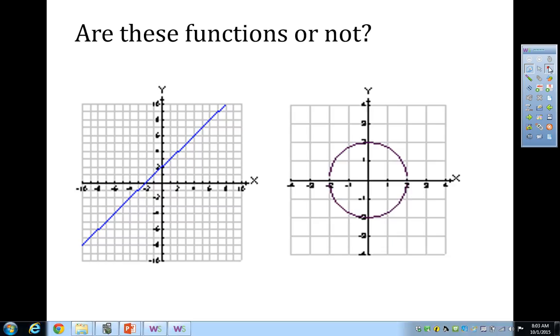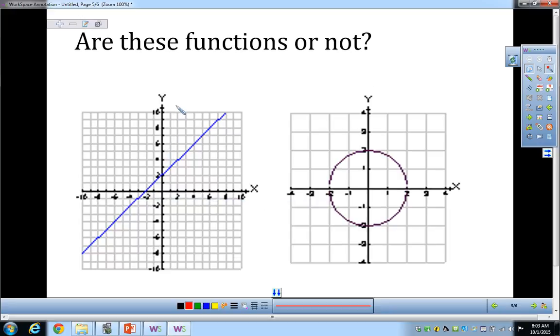All right. So vertical line test. So out of these two, can you tell me if this is a function? Hannah, is this a function? Yes. Does it pass the vertical line test? Yeah. Okay. Jacob Burns, is this a function? No. Why not? Well, but specifically, why not though? Because it doesn't pass that.